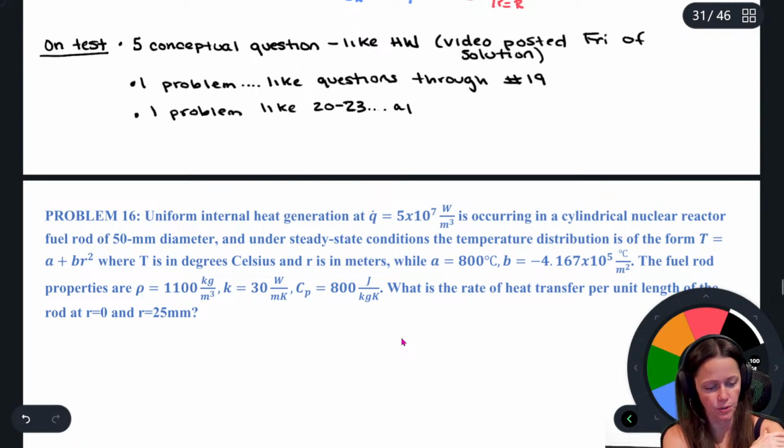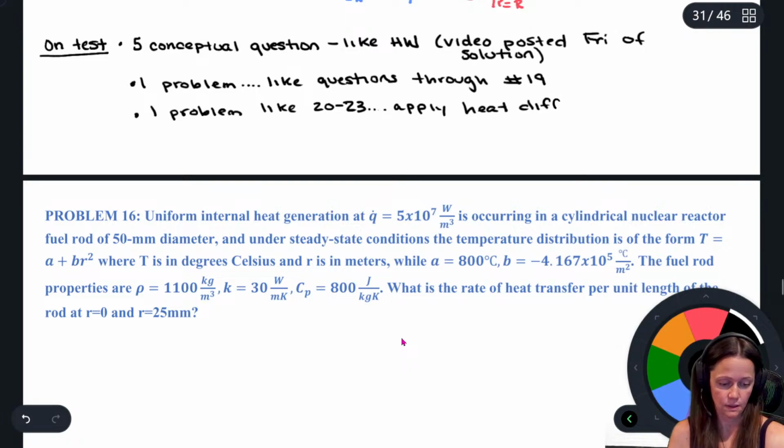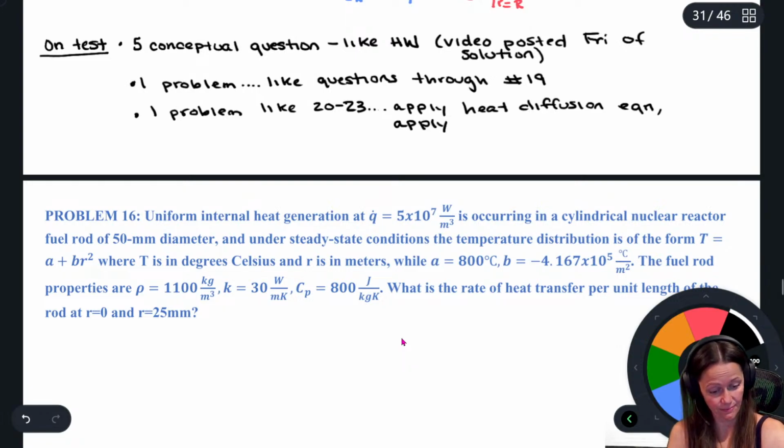where you need to apply that heat diffusion equation, apply boundary conditions, and solve for the temperature distribution.